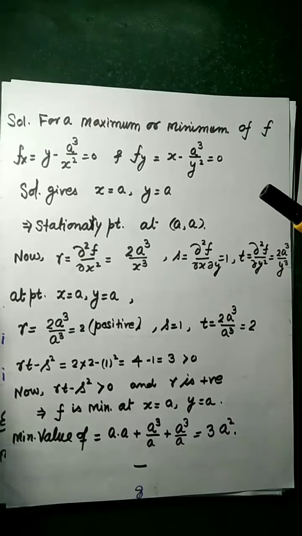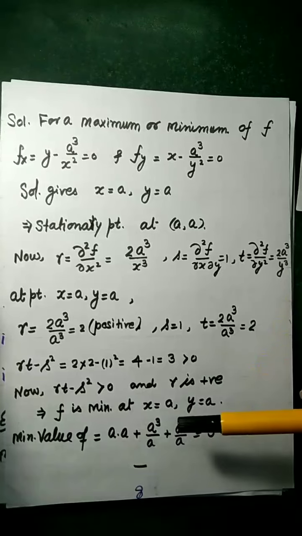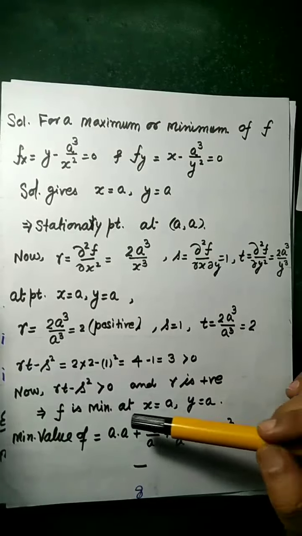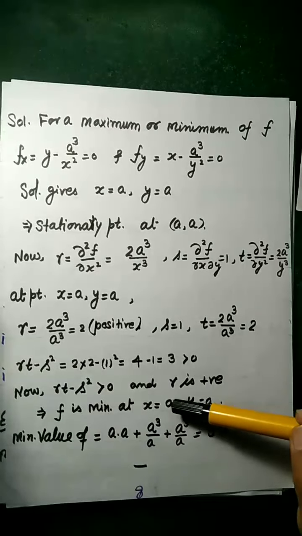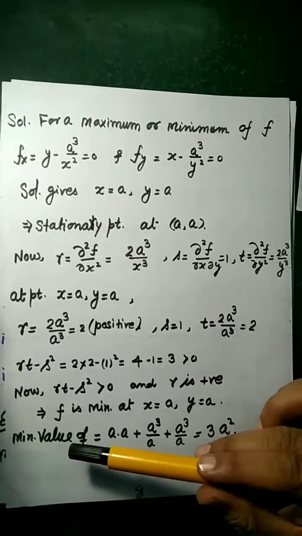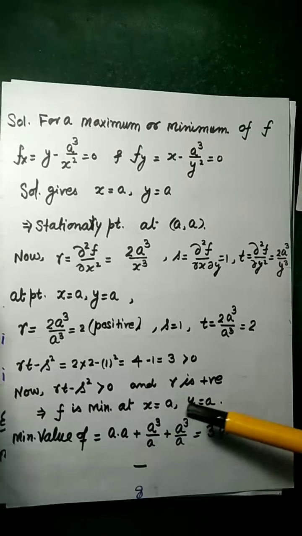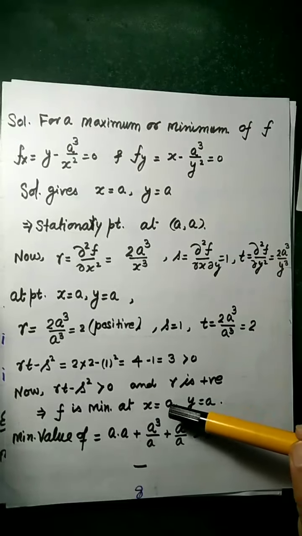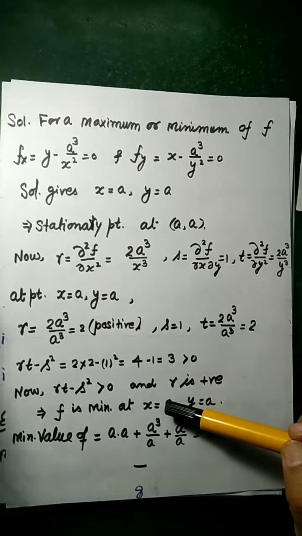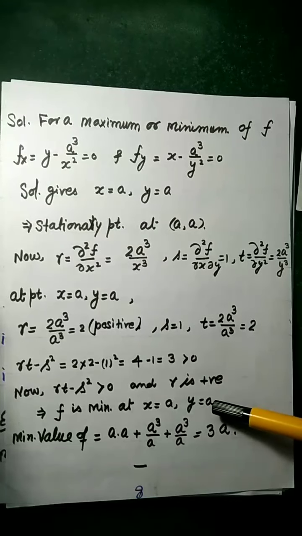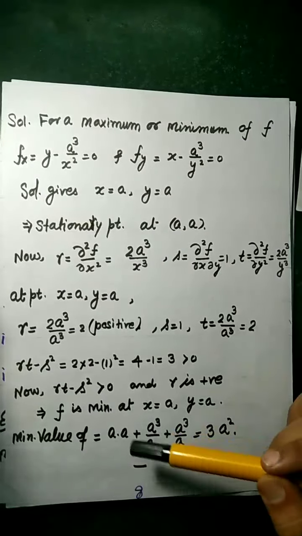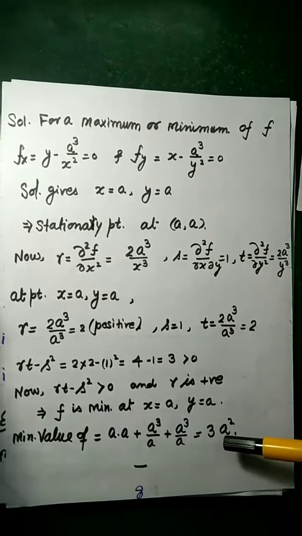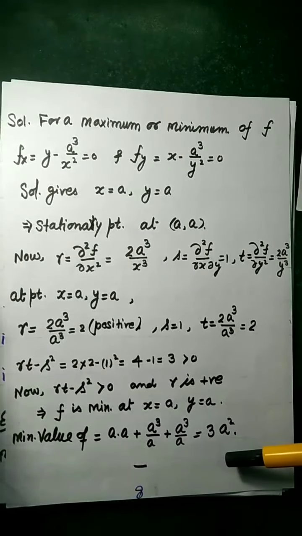Since the function is minimum, we obtain the minimum value at this point. Putting x equals a and y equals a in the function, we obtain 3a square. This is the minimum value of the function.